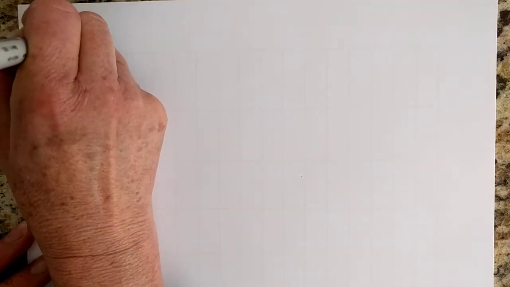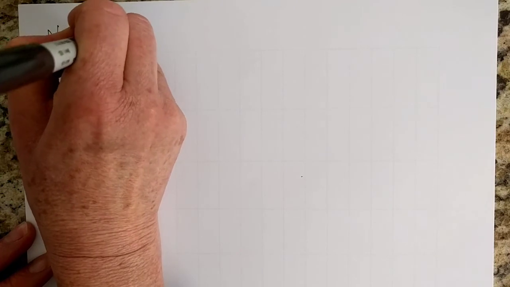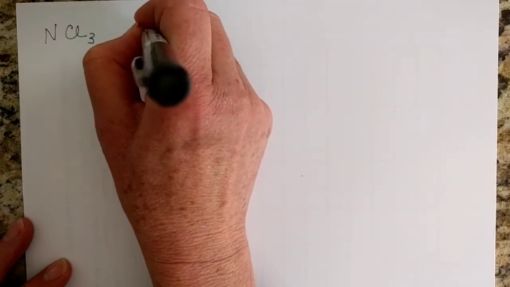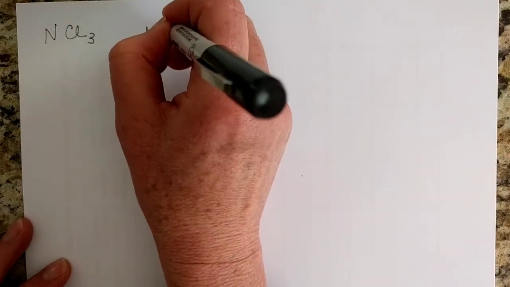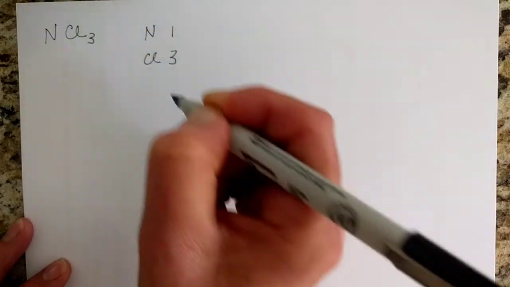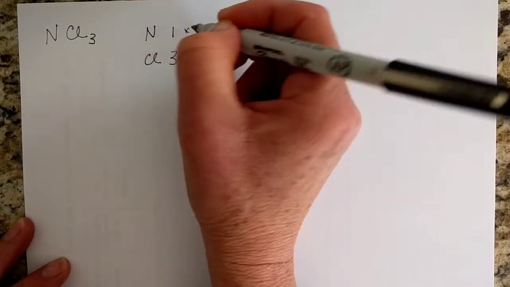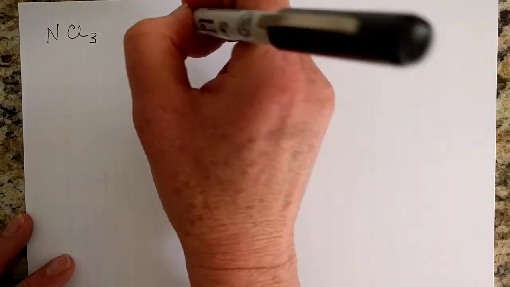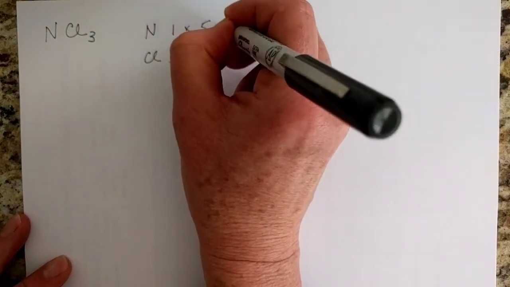Okay, so let's now do our next molecule, which is NCl3. All right, so we're going to do our valence electron count. So nitrogen, I think we'll do it this way. We have 1 of those, and chlorine, we have 3 of those. So if we look on our periodic table for our valence electrons, nitrogen in group 15 has 5 valence electrons.